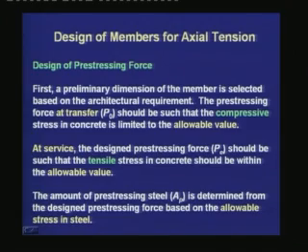Thus, the steps are that a preliminary dimension of the member is based on the architectural requirement. Then we calculate the maximum possible prestressing force that can be applied in the member based on the allowable compressive stress at transfer.